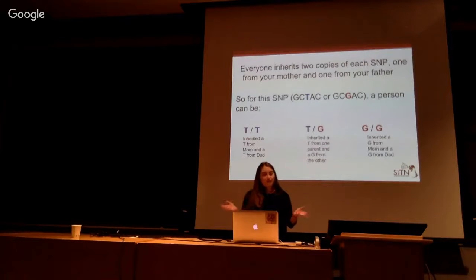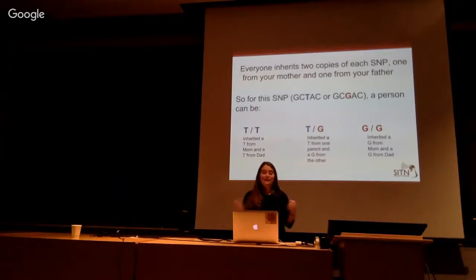So where do SNPs come from? Everyone inherits 2 copies of each SNP, and that's because you inherit a full copy of the genome from your mother and another full copy of the genome from your father, and those combined make up your DNA. As a result, you're inheriting one copy of each SNP from your mother and one from your father. To take an example, if we take this random SNP here, a T to G SNP, there are 3 possibilities for what a given person could be.